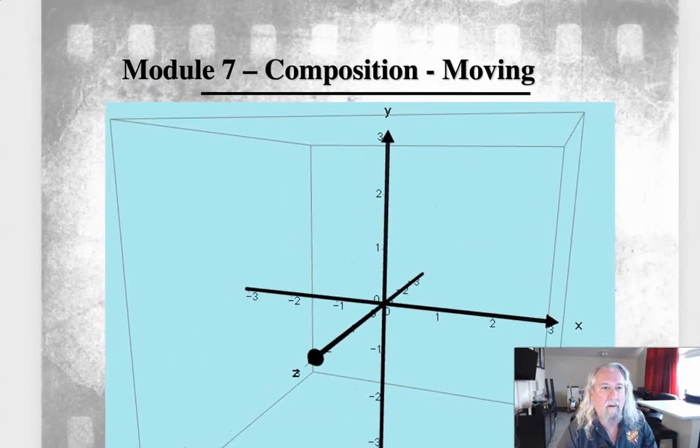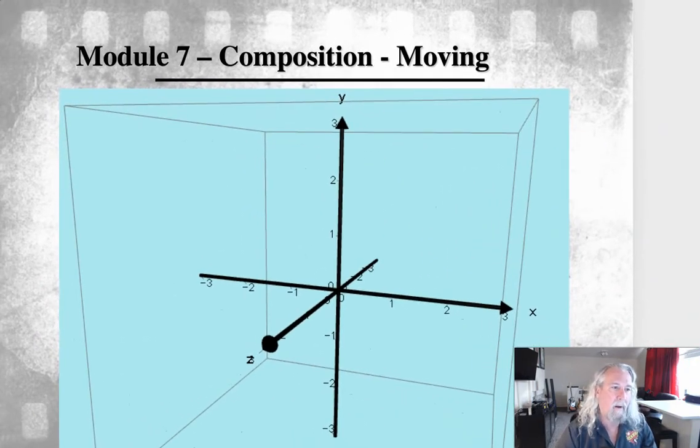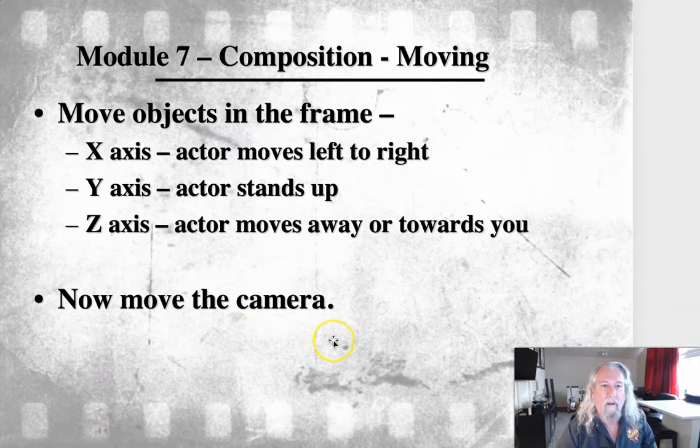So not only is that kind of complex, if you don't control this and decide what should be moving where and what the purpose is of each, then you're not being a good director. You need to understand when to move that camera and why, and then what's happening within the frame as you move it.